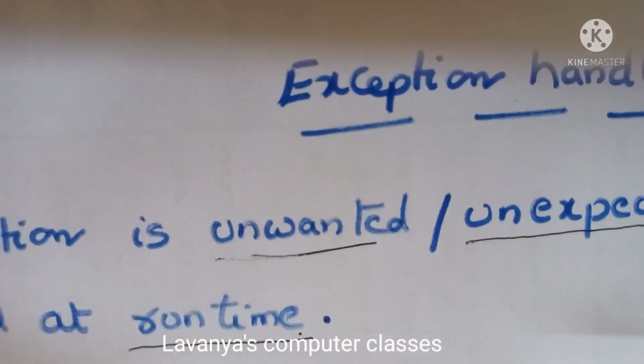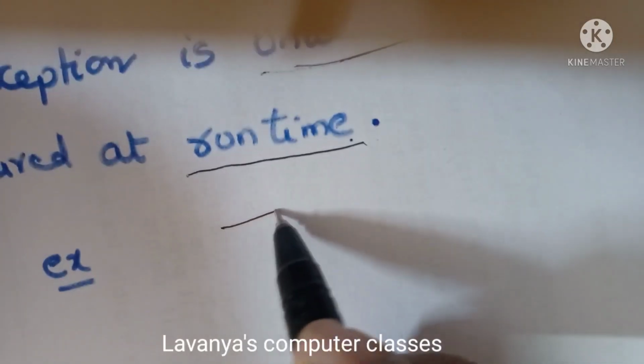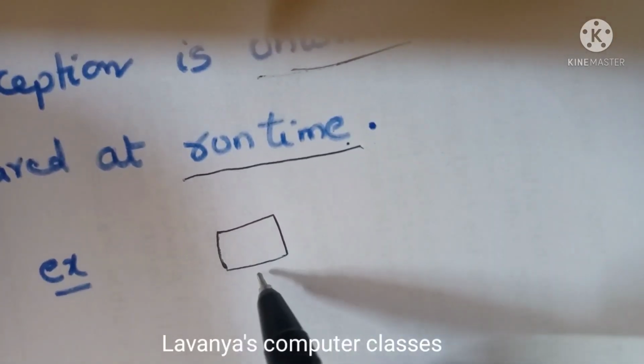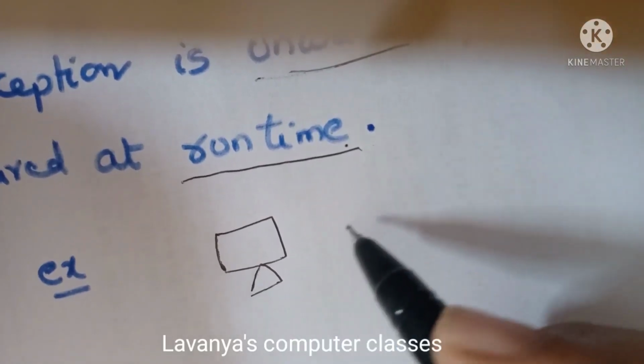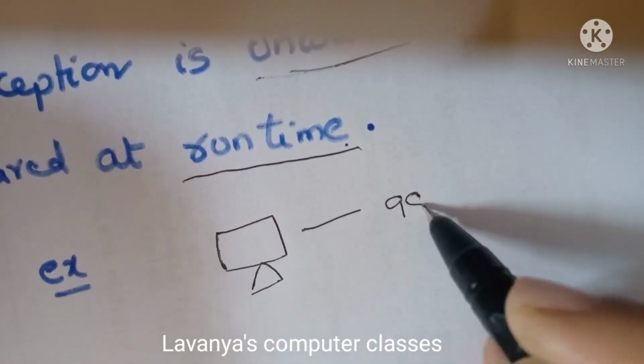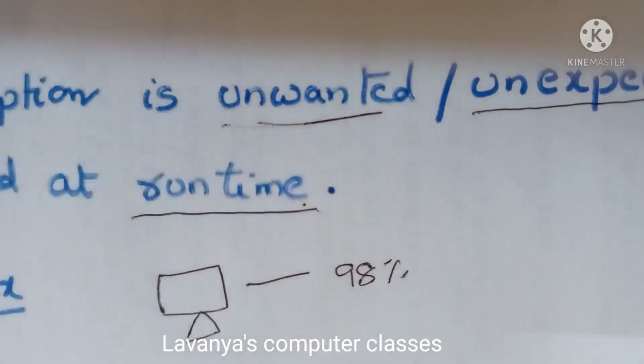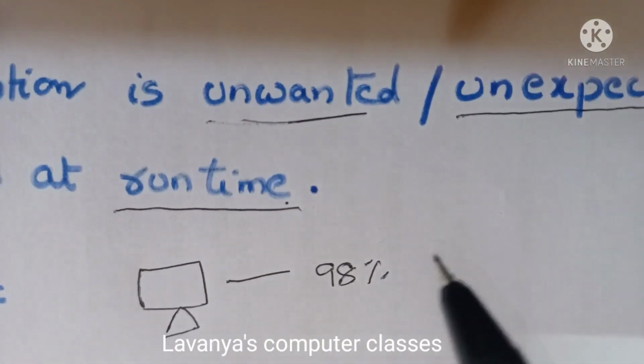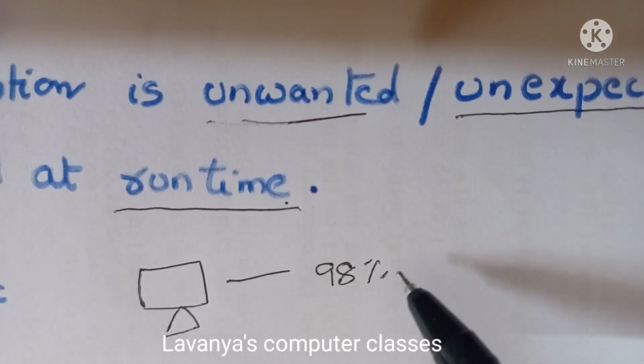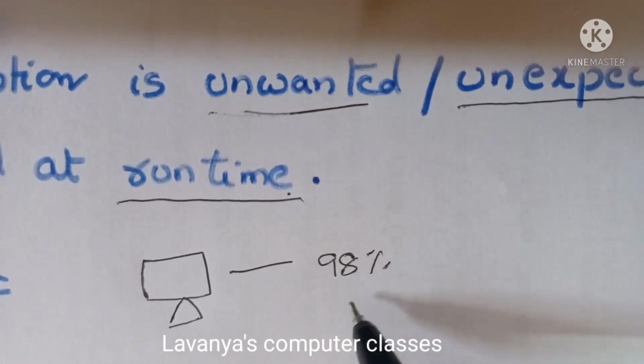For example, now we are downloading a movie, using a computer or mobile. 98% of the movie is downloaded, and we want to watch it. We are expecting that within 10 minutes, or within 5 minutes, the movie is downloaded and we are ready to watch it because it's almost ending.